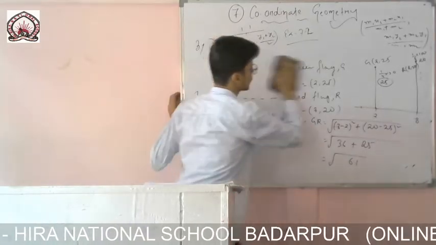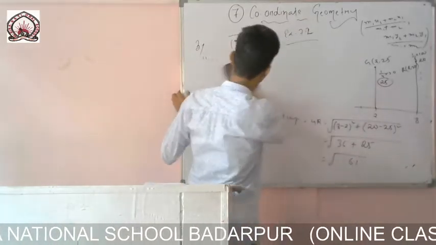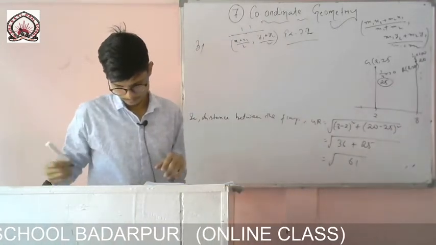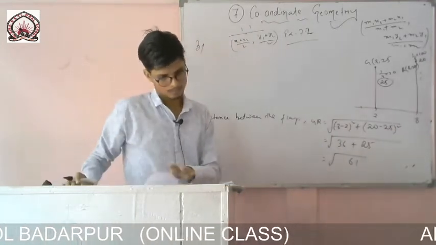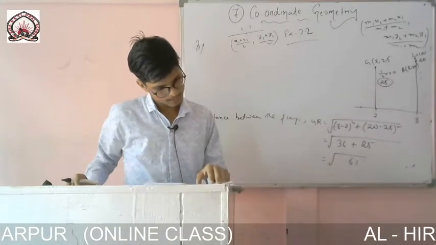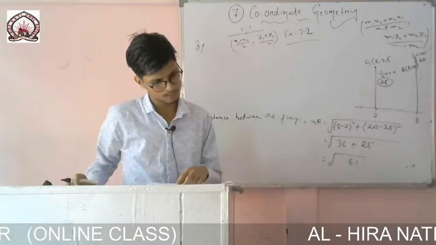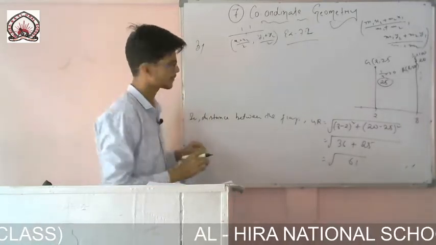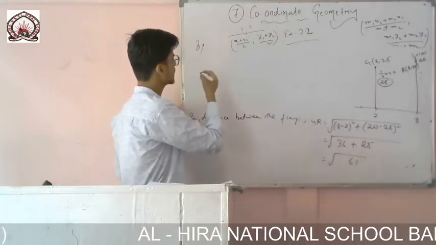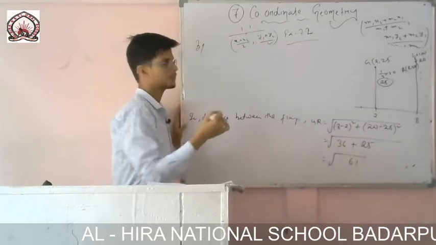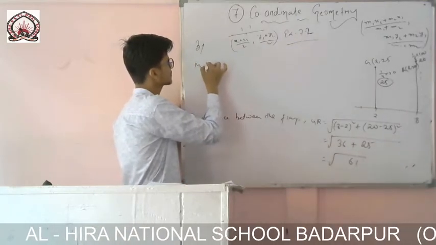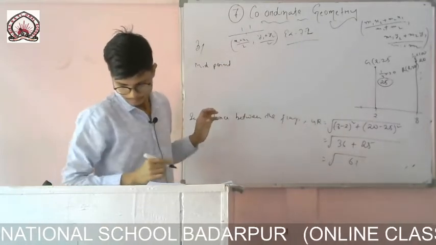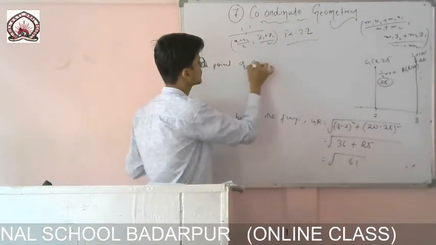So now we'll find the coordinate of that point. The question is given, Rashmi has to post a flag exactly halfway between the line segments. So halfway, that means we have to find the midpoint. So you write like this: midpoint of the line GR.